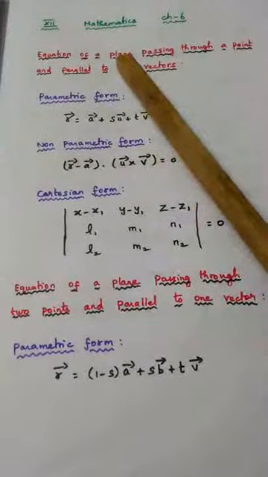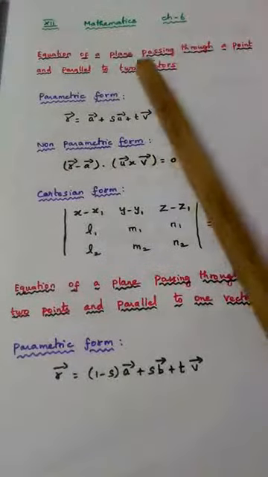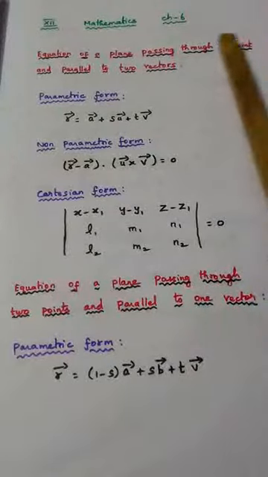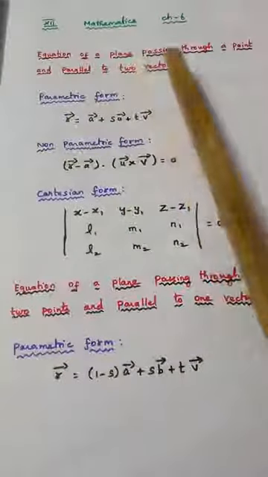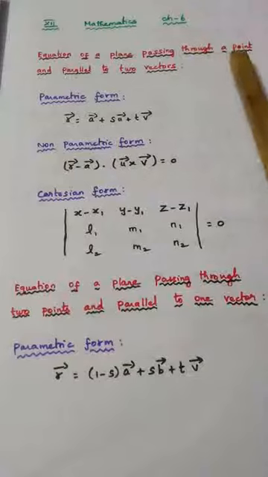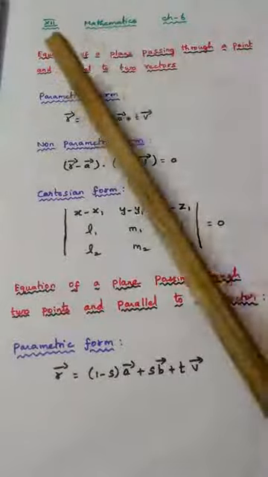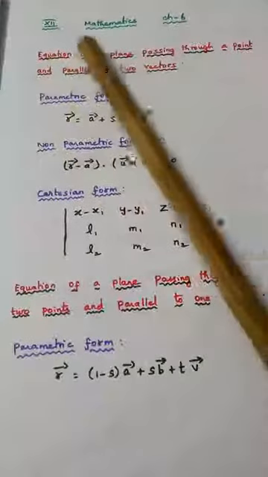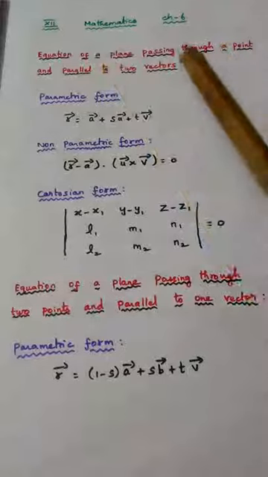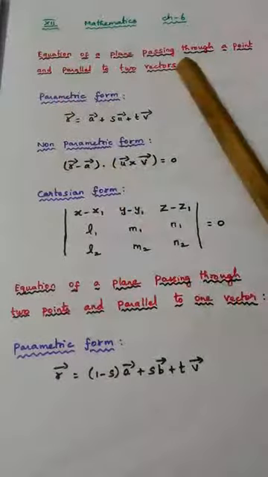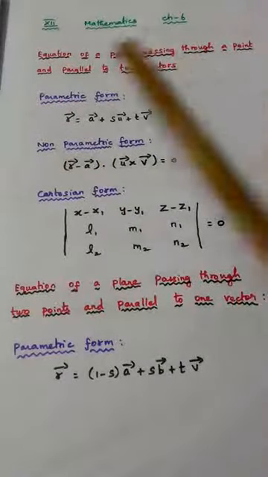The first heading is a plane through one point and parallel to two vectors. Again I repeat, we are discussing the equation of a plane passing through a point. In the plane we know one point, and the plane is parallel to two vectors. So this is the first type.